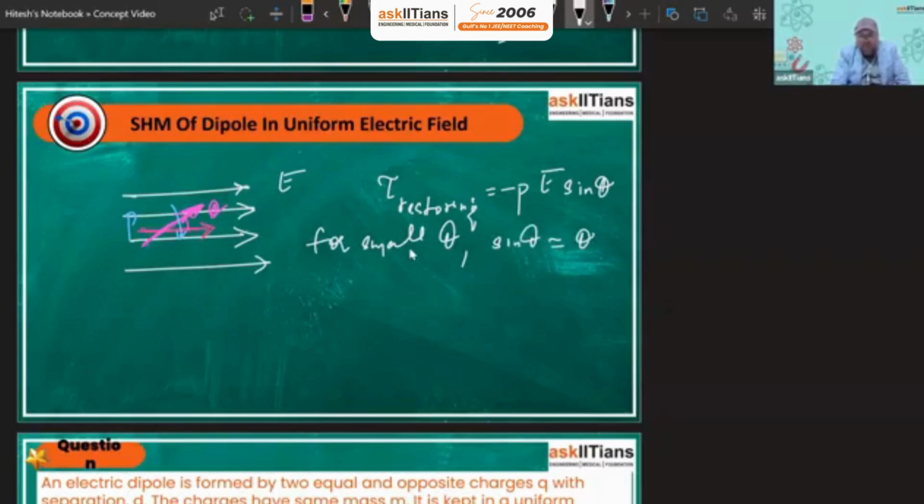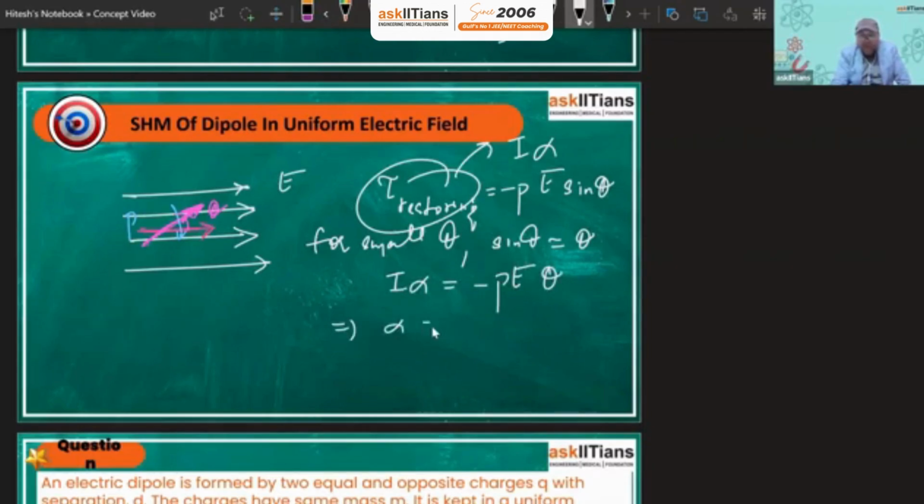So I can write that tau restoring can be written as I alpha, right? So you can write I alpha is equal to minus PE theta. So my alpha here becomes minus PE by I into theta. Then I'll compare it with the angular SHM equation, minus omega square theta.